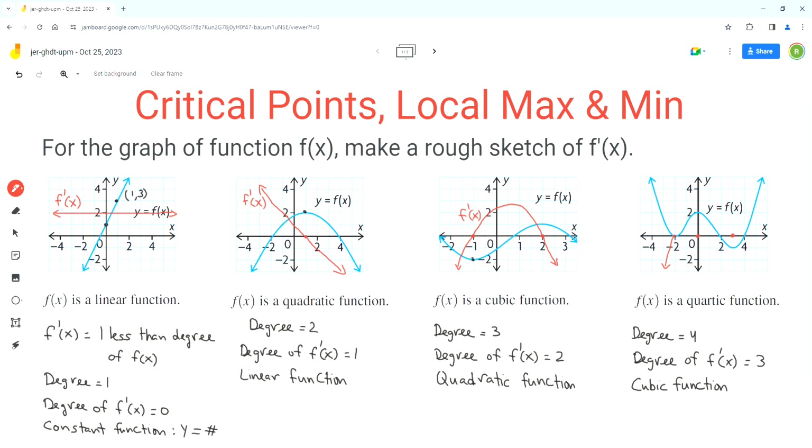Now between -2 and 0, the graph is increasing because as we go from left to right, the graph is sloping upward. So that means the graph for f prime of x should be above the x-axis between -2 and 0. So we can show that like this.